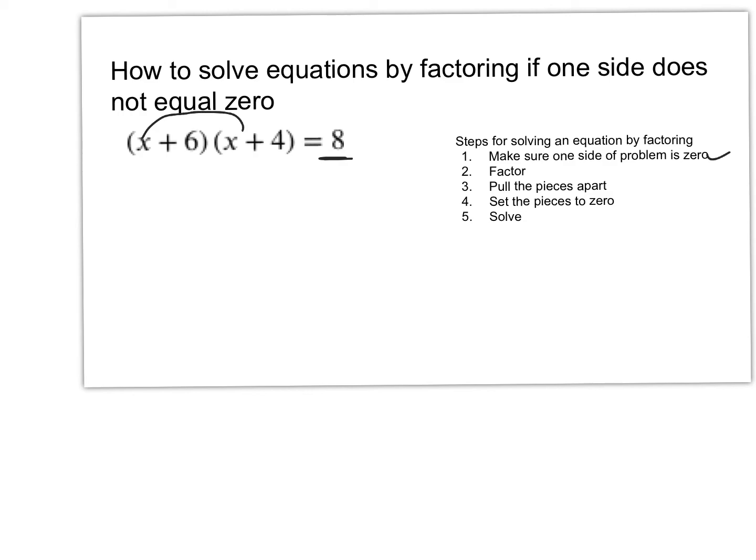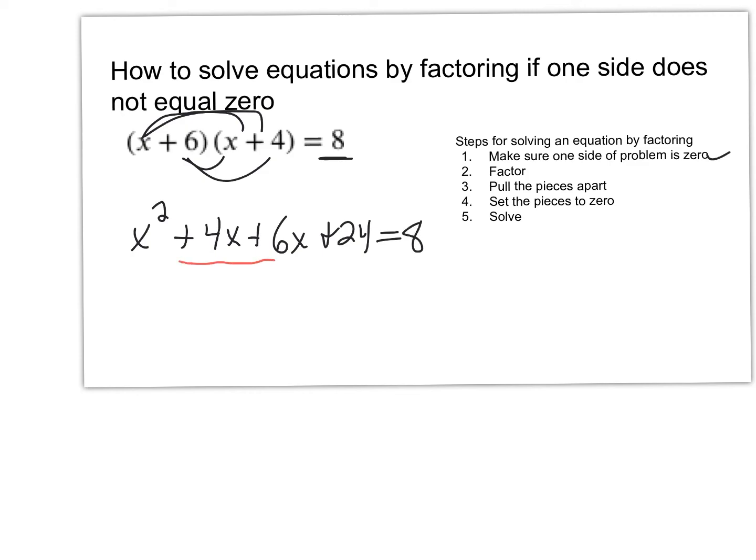So x times x, x squared. x times 4, 4x. 6 times x, 6x. And 6 times 4 is 24. Okay. Now I'm going to clean up. I'm going to combine my like terms here.